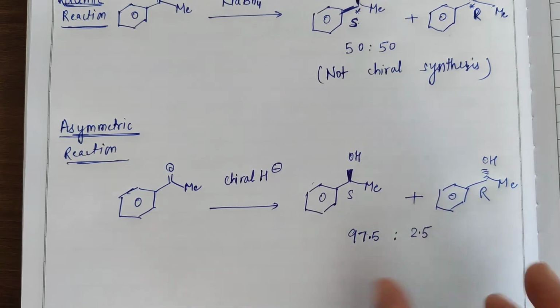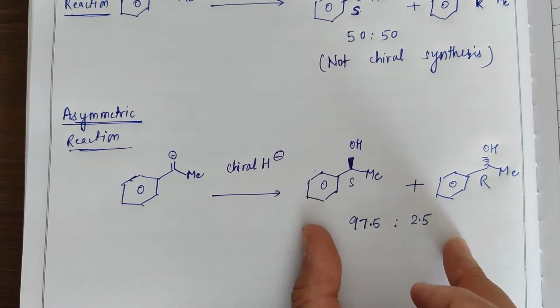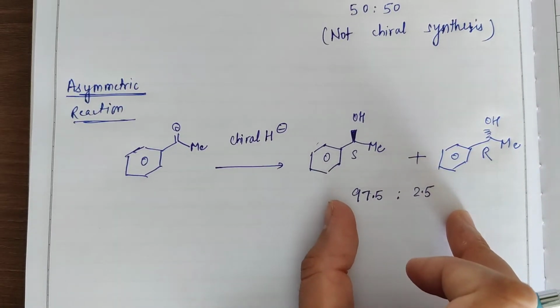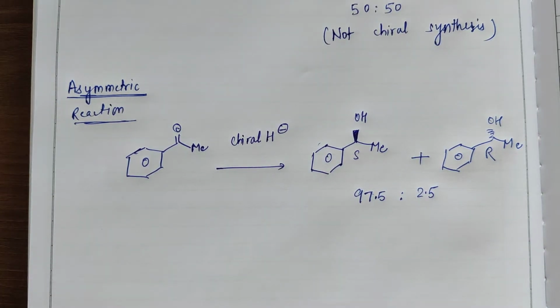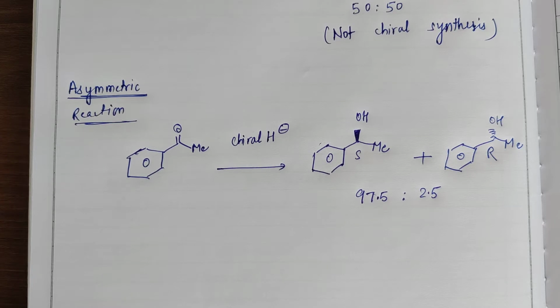So if this kind of reaction takes place, and this kind of products we obtain, then we call the synthesis asymmetric synthesis.